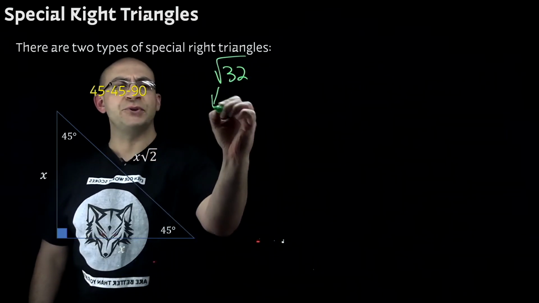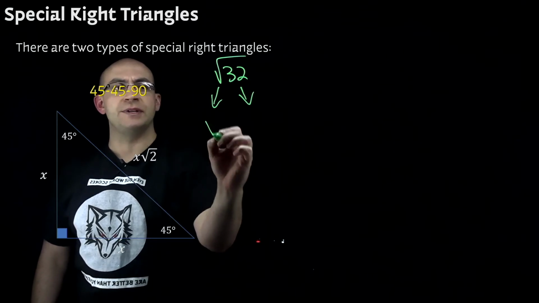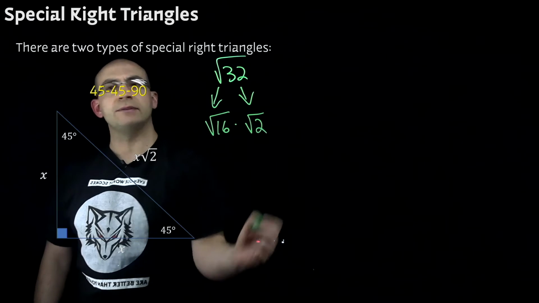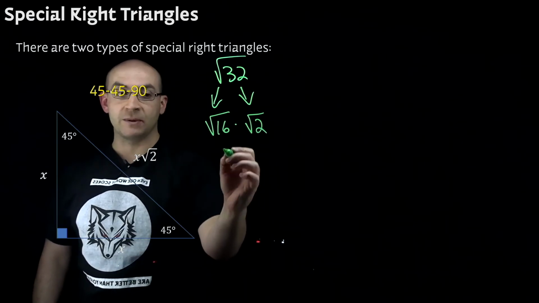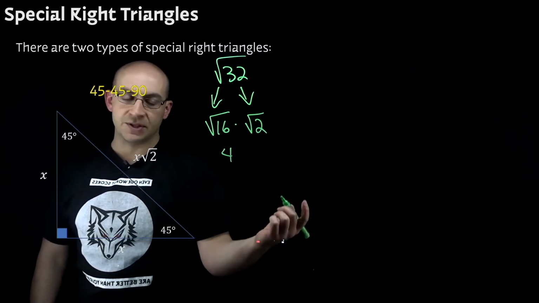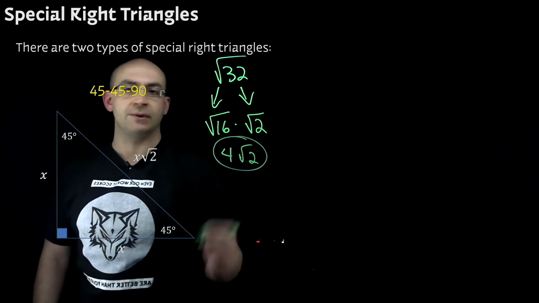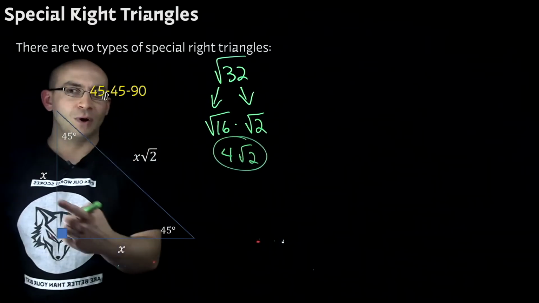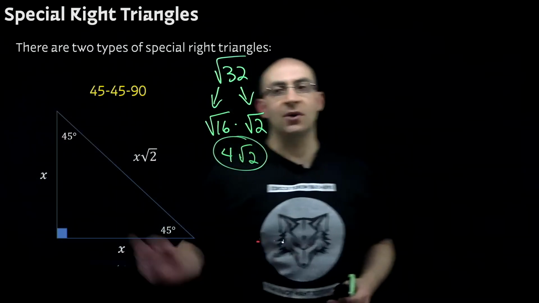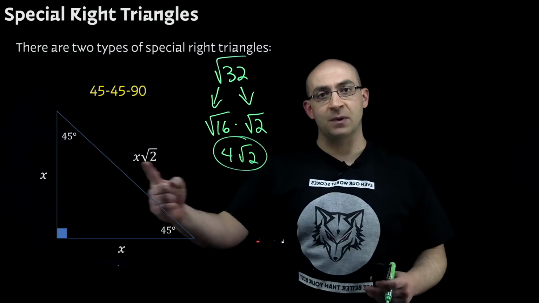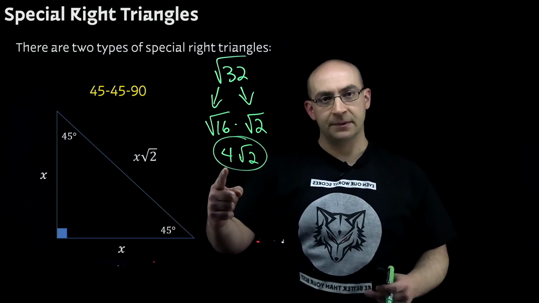So the square root of 32 can get broken down into the square root of 16 times the square root of 2. Well, we know what the square root of 16 is, it's 4. And because the square root of 2 is irrational, I'm not able to break that down, and I get 4 root 2. Huh. Well, we said that X was 4. So if X is 4 here, X is 4 here, that means it's 4 there as well, which is exactly what we have. Moving on.